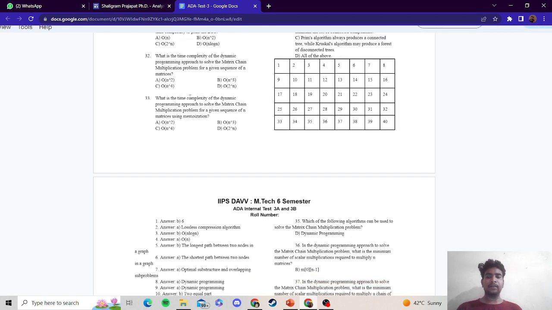What is the time complexity for the dynamic programming approach to solve the matrix chain multiplication problem for a given sequence of n matrices using memoization? So the right answer would be order of 2 to the power n.